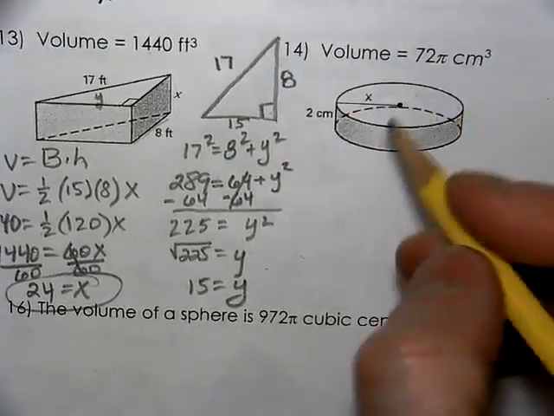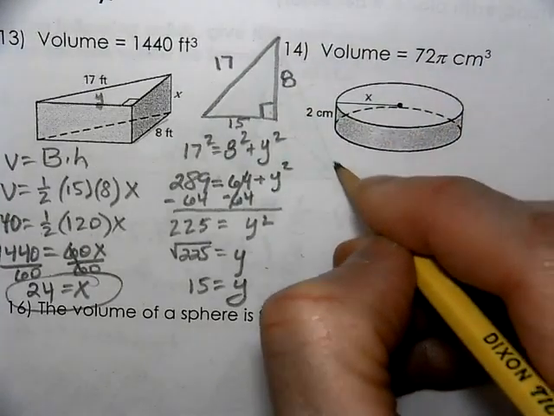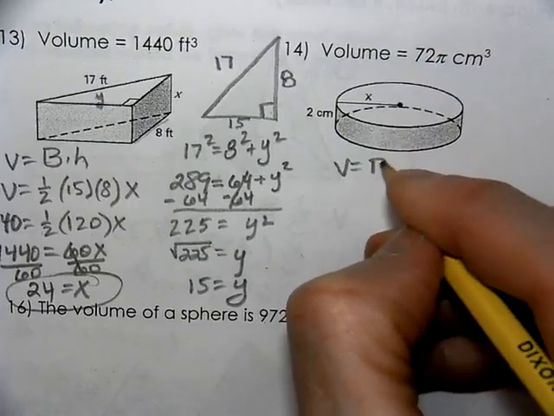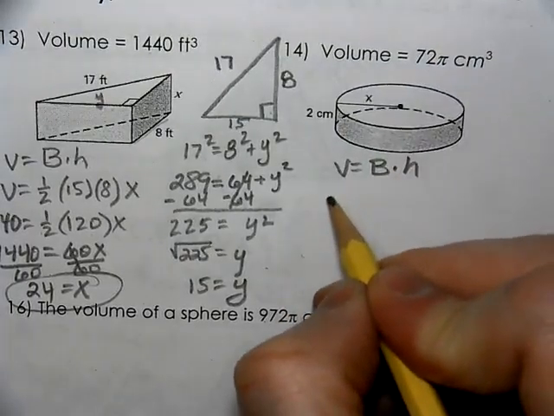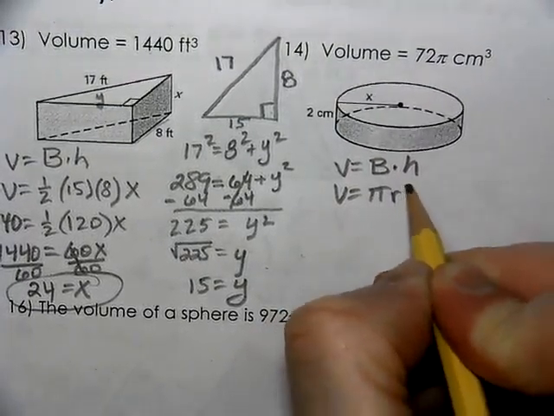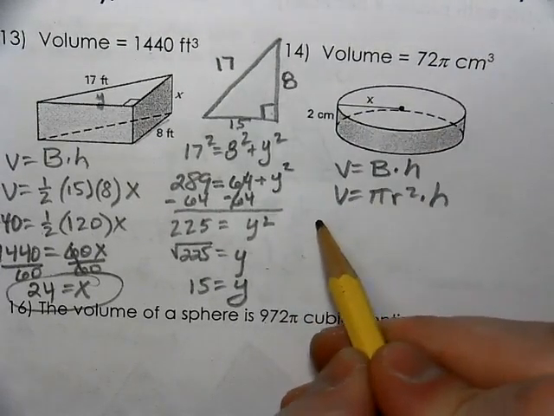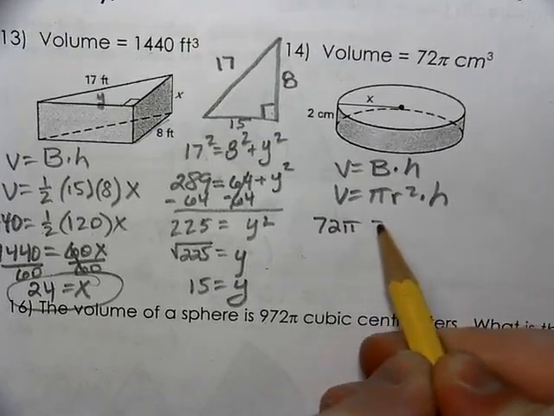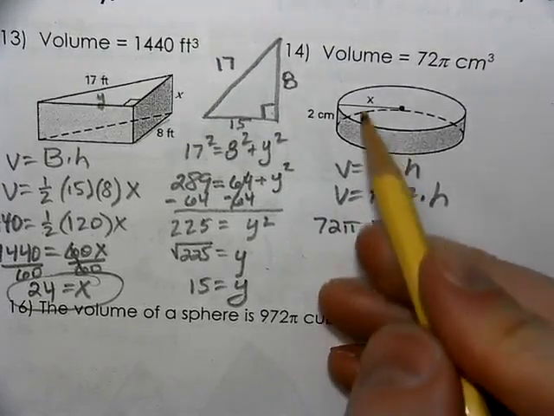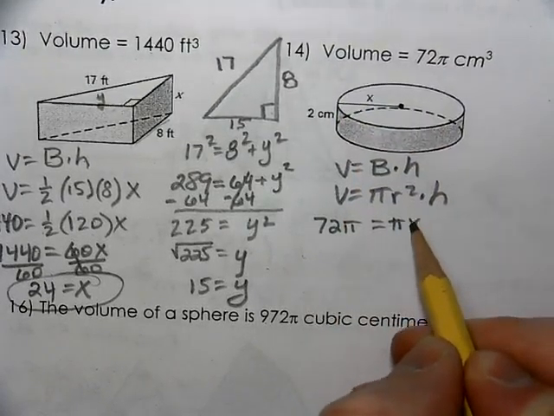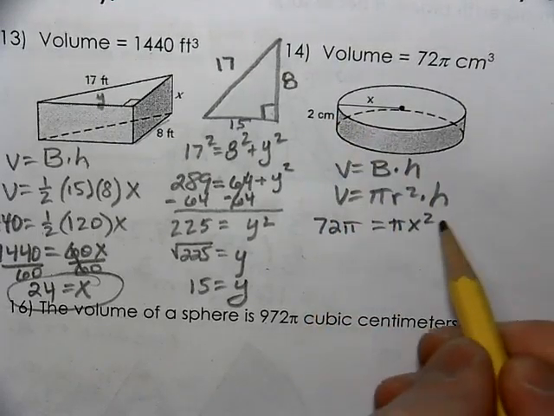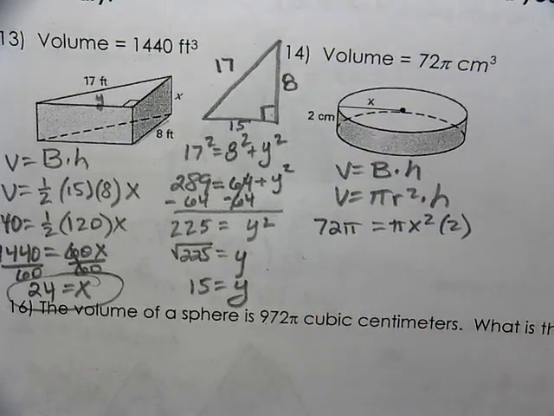Next we have a cylinder. The volume of a cylinder is always base times height, and we can call that pi r squared times the height. Well, 72 pi, that's the volume. The r is our unknown, that's our x squared. The height is the 2.